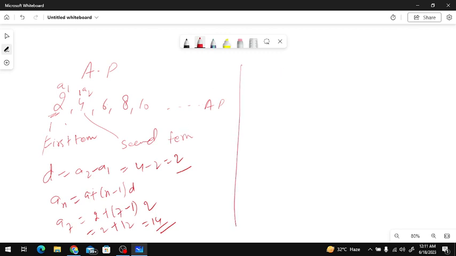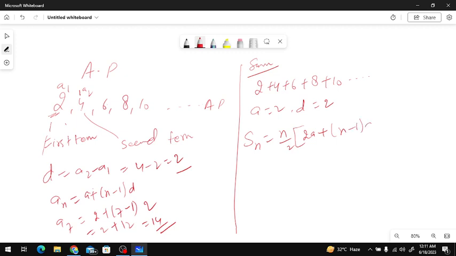But I want to find one more thing, it's the sum. So 2 plus 4 plus 6 plus 8 plus 10. So a will equal 2, and d will equal 2. The sum of n terms is n over 2 into 2a plus n minus 1 into d.